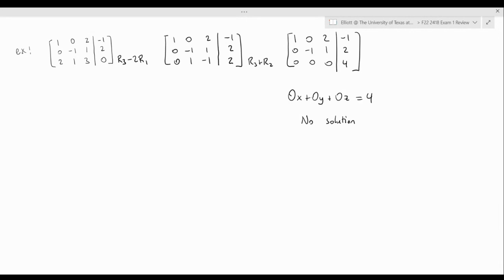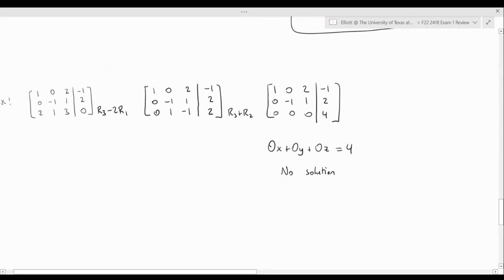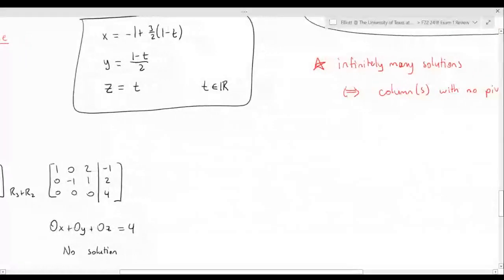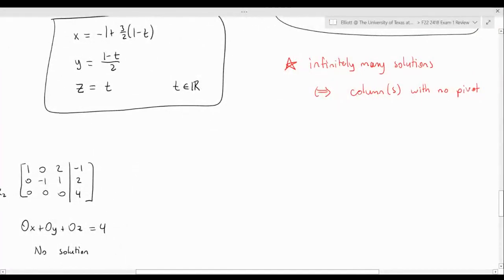So to summarize, the no solution case is when you have 0 equal to something not 0. And the infinitely many solutions case will happen when you have a column that's missing a pivot, all right?